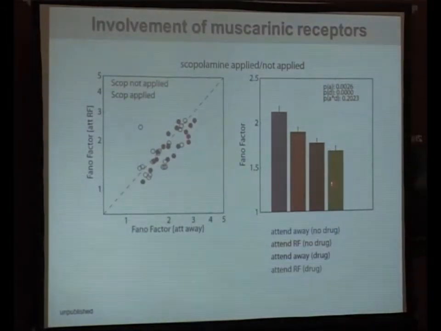What is surprising here, although, is that scopolamine reduced Fano factors, although it also reduced firing rates overall. And I can't help the data, but it was surprising because I anticipated that scopolamine should actually increase variability. It doesn't, not in these data anyway.